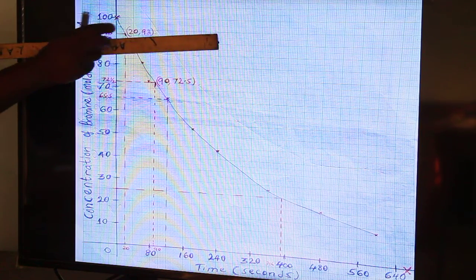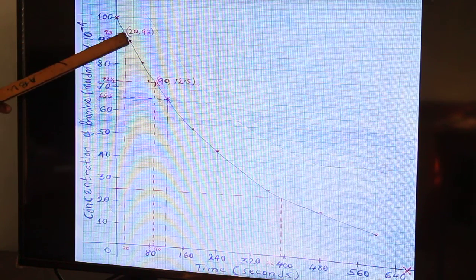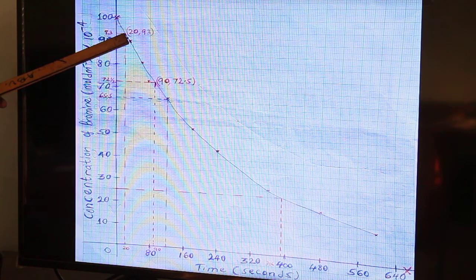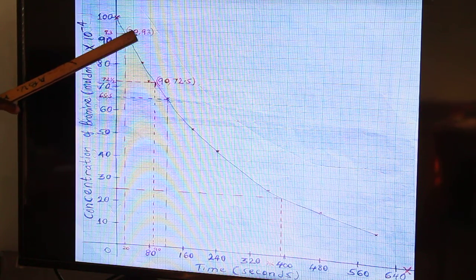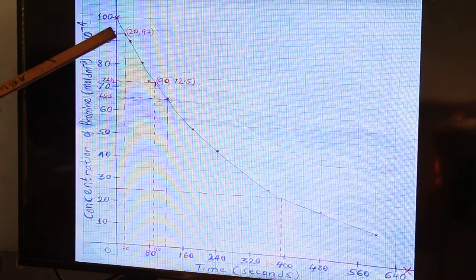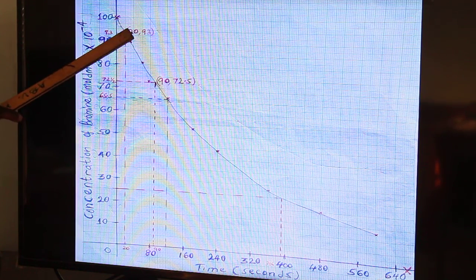Where the line at 20 seconds meets the curve, we get the coordinates. Remember the coordinate is x, y. So at 20 seconds, the concentration is 93 times 10 raised to power negative 4. These are the coordinates.